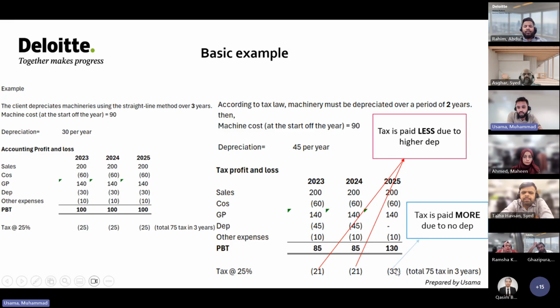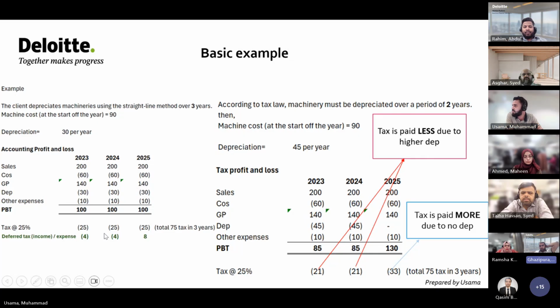And here we have paid more tax, like we have paid 25 in 2025, and here we have paid 33 as per tax standards. So the difference of 4 and 8 is deferred. I hope you are getting the point. This is the deferred tax.